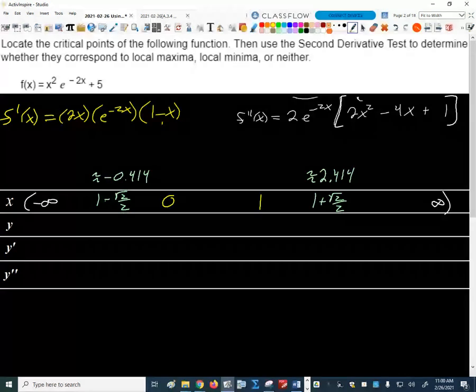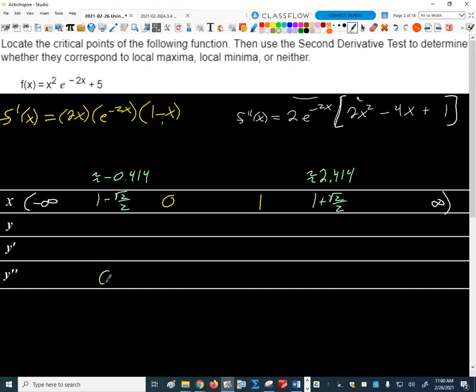Okay, so we can do that. We know the second derivative is 0 there and there. Good. How about the first derivative row? It's going to be 0 at 0 and 1. Okay, so I get zeros there.